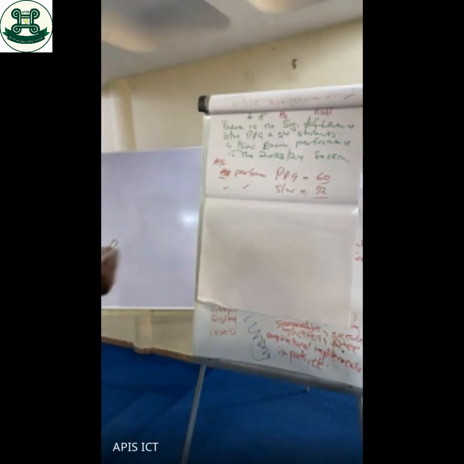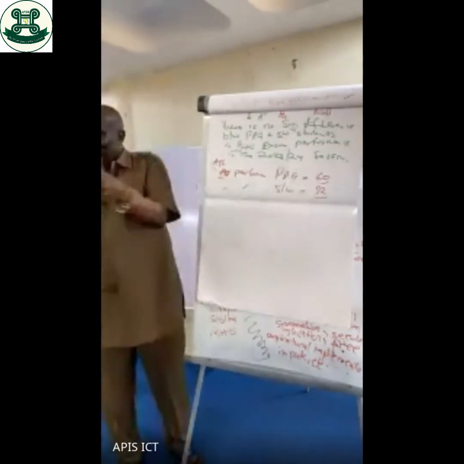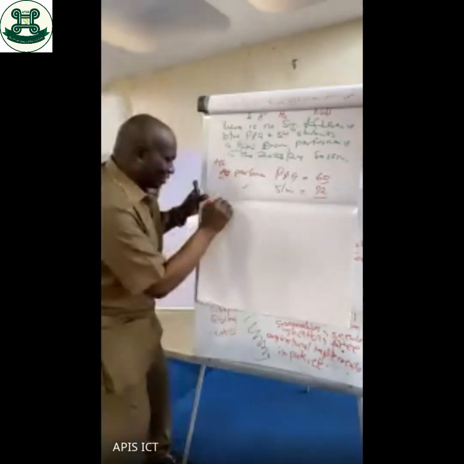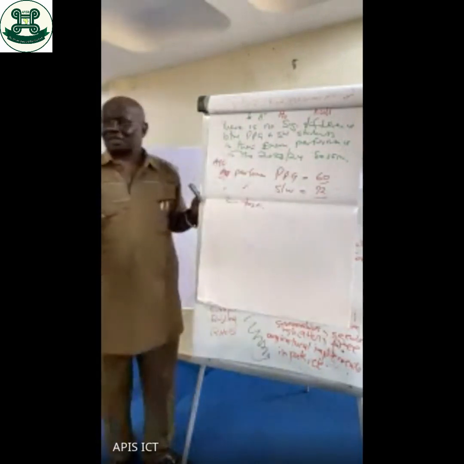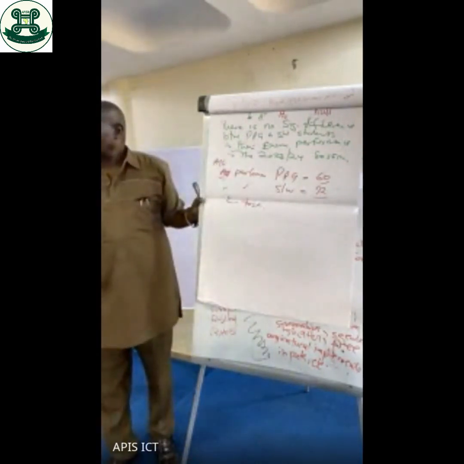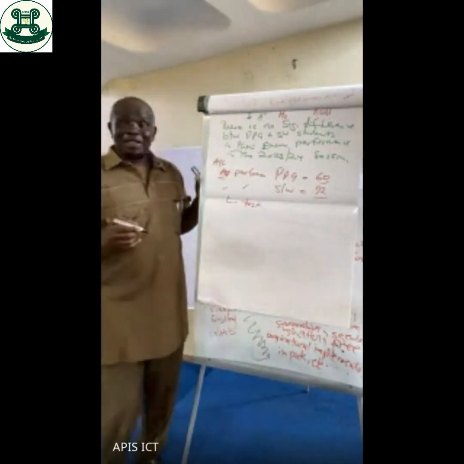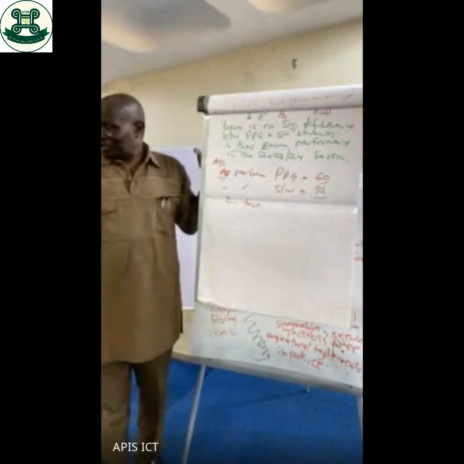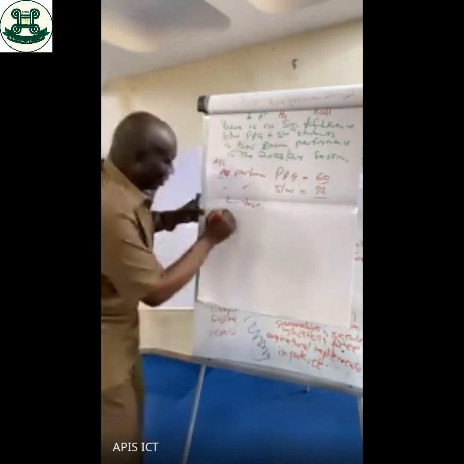So what you do here is that where it involves two means, you're comparing two means, we use what we call a t-test. But where the means are three and above, use ANOVA.